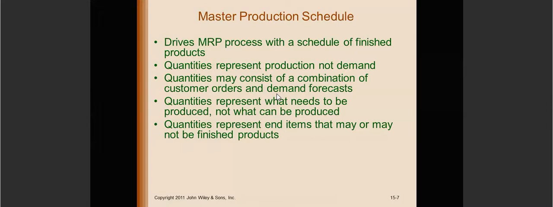For example, for a manufacturer of tires, the product for the company is tires, but for the automotive industry, the tires will be a component to be assembled into a car. And also, some organizations have what we call a phantom bill.